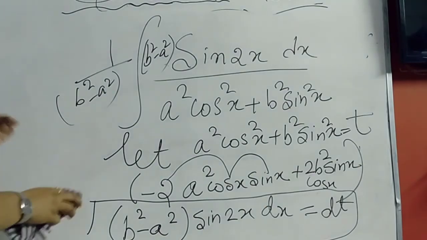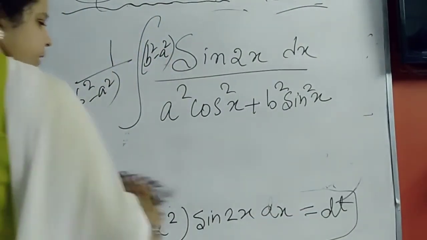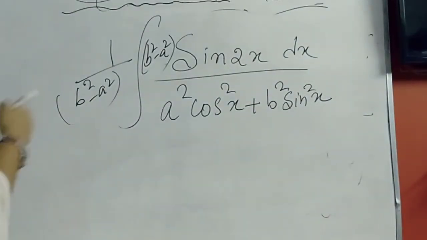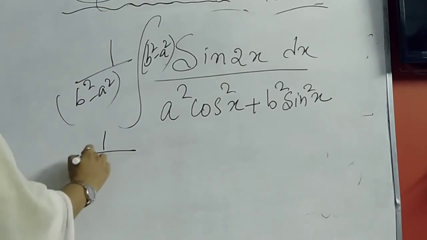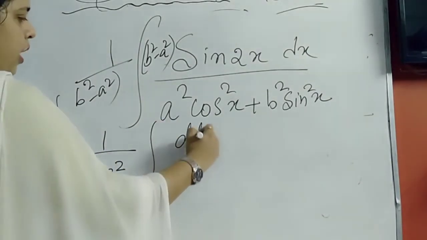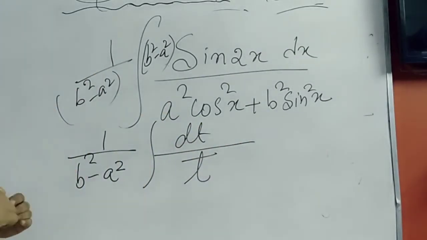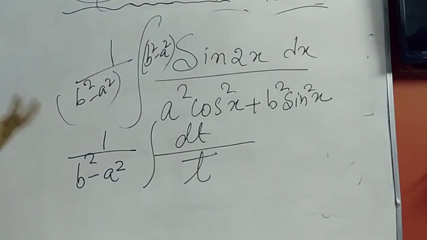So I'm going to erase this let part and I'm going to rewrite the integrand in a much simpler manner by using a very suitable substitution. I hope you are getting the concept very clearly now. We have different methodologies, different types of problems, but that is for later on.